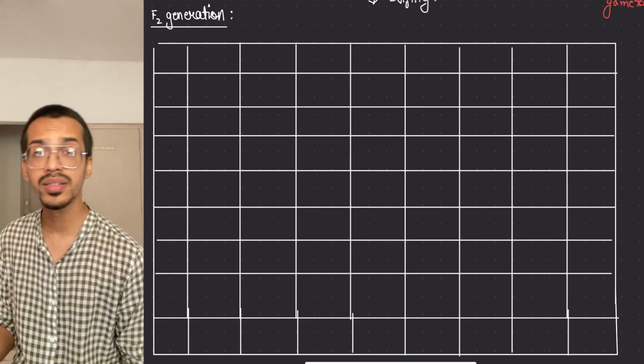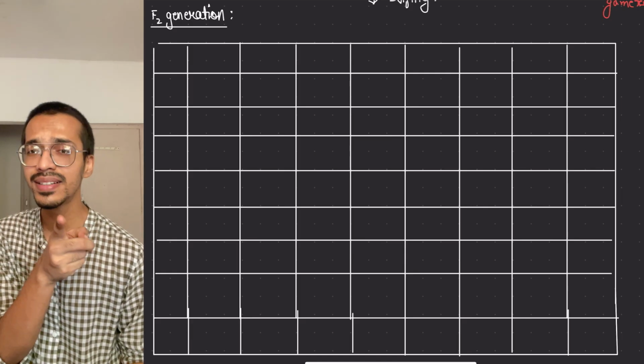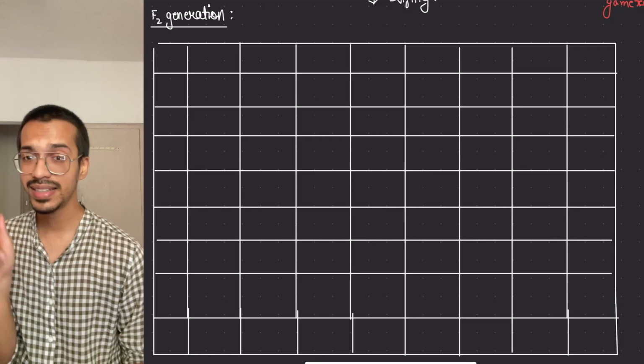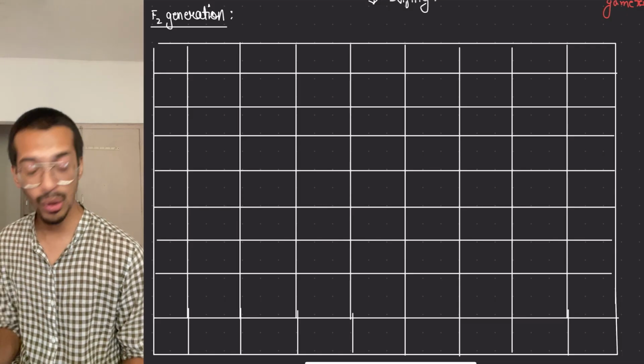Let's see the gametes by the Forklin method. Are you able to make it? If you are able to make it, let's see whether they are the correct ones or not.